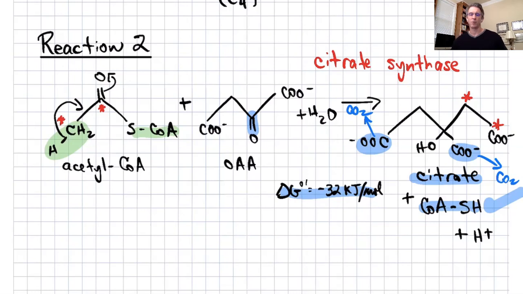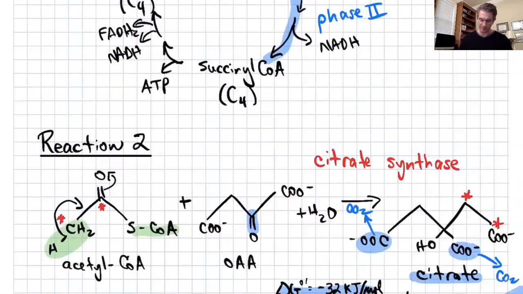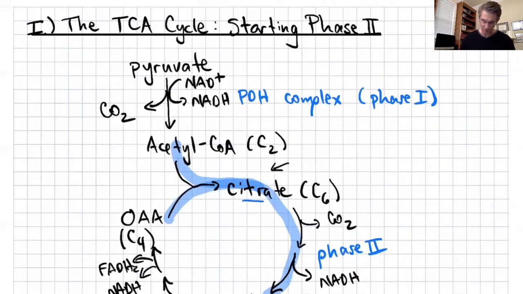When a carboxylate group was two carbons away from a carbonyl, like a ketone, right? Second example, we talked about decarboxylation of alpha keto acids. We just talked about that last time, right? The decarboxylation of pyruvate, remember, to form acetyl-CoA.